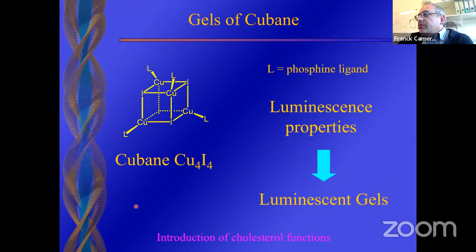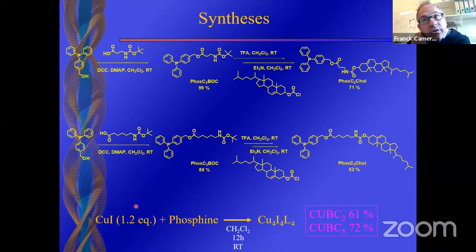So we were interested to see if we can develop some gels from these cubane type molecules. So for this, we have developed new phosphine ligands. So this time we also introduce carbonates, but here we have this amide hydrogen bonding motif, and we also use cholesterol, which is known to be good for developing gelators.